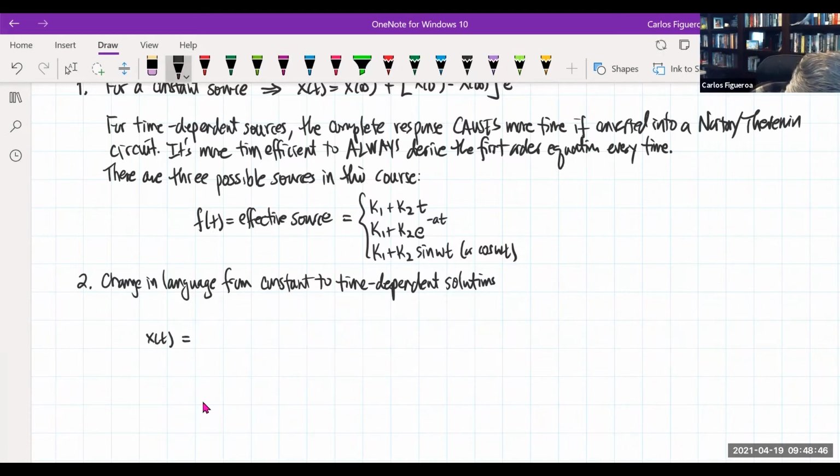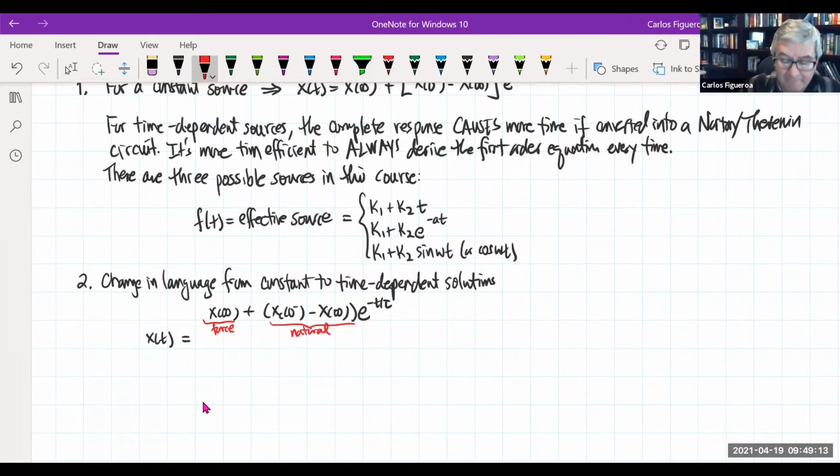So we've already talked about x equal to x infinity plus x of 0 minus x infinity times e to the minus t over tau. In this language, what do we actually see here? Well, this guy is what we call the forced response, and it's very common to call that the natural response. This is the language we used for a constant source.